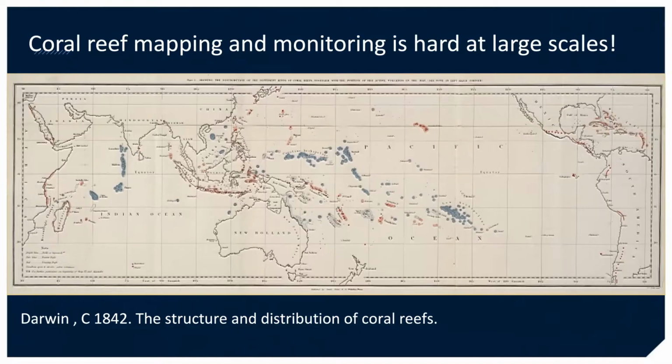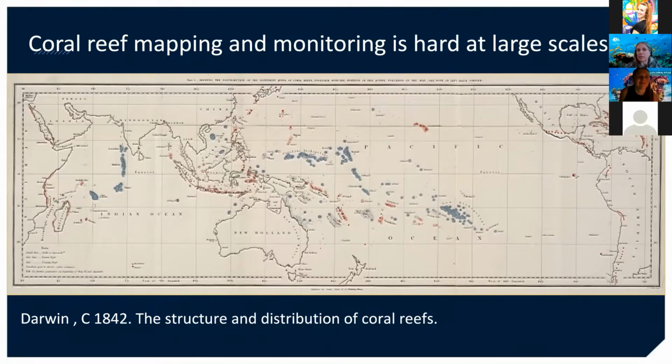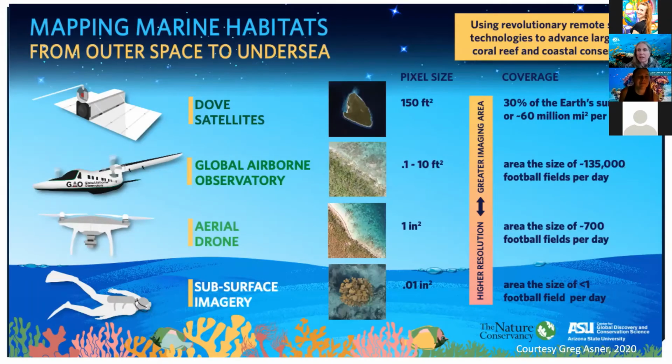There are the visual limitations from the water. Many reefs are in very hard to reach places, and a lot of expensive equipment is often necessary. Next slide, please. And this slide from ASU highlights some of the many tools that Darwin didn't have.